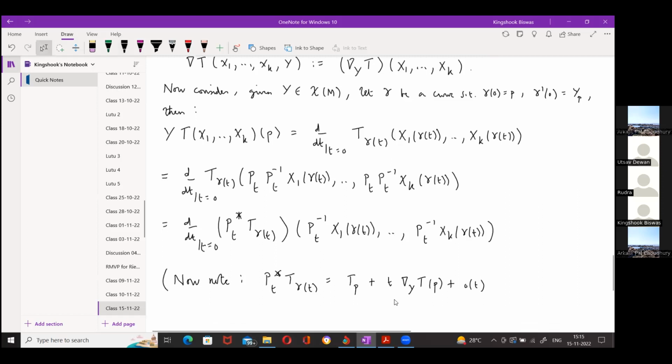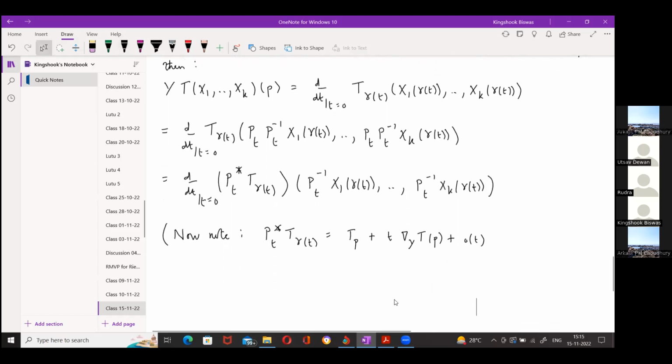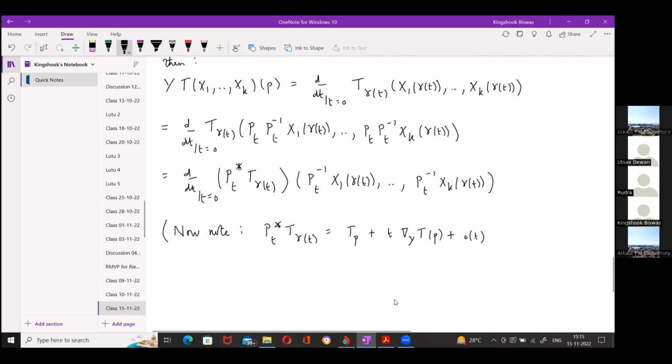By definition of nabla_Y T. And also we've shown for the covariant derivative of a vector field, that you can get it by pulling back the vector field by parallel transport and then differentiating it in the fixed vector space T_pM, right?